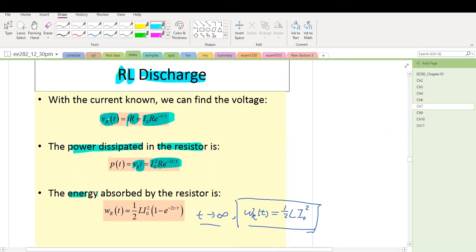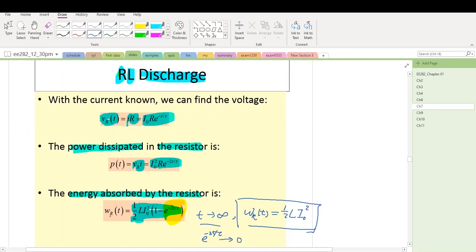And now let's look at the energy absorbed by this resistor. We do the integral of the power with respect to time. So that equals this quantity. And as t goes to infinity, e to the power minus 2t divided by tau goes to 0.